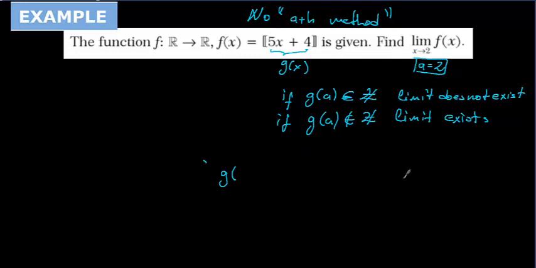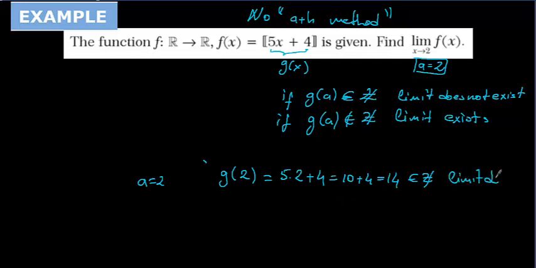Then if a is equal to 2, g of 2 is equal to 5 times 2 plus 4, which is 10 plus 4, equal to 14, an element of Z. So the limit doesn't exist.